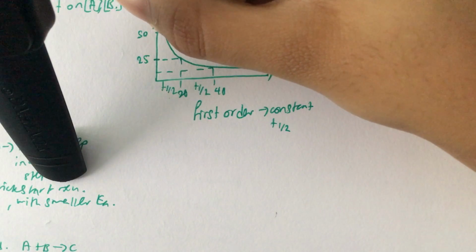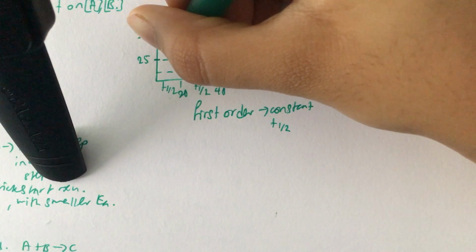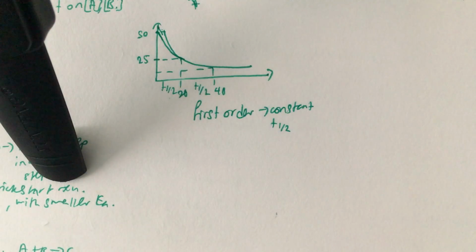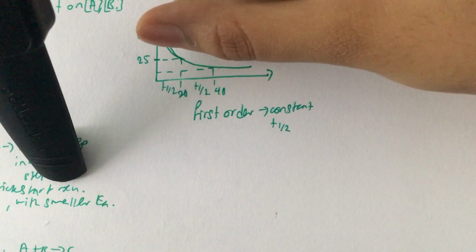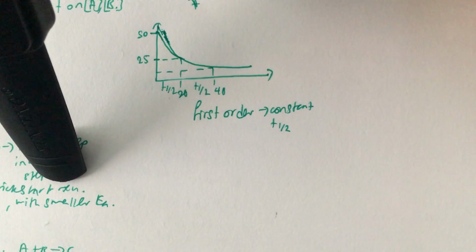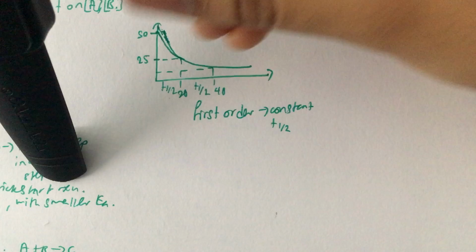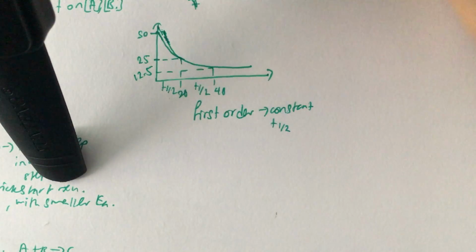Anyway, 50 milligrams per dm cube, and then after 20 seconds it becomes 25 milligrams, then after another 20 seconds it becomes 12.5, then after another 20 seconds it becomes 6.25, and after that I don't remember how to calculate. I'm just saying this off the top of my head without even using a calculator.